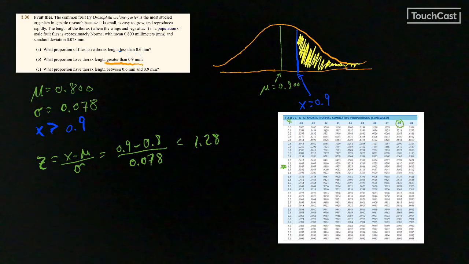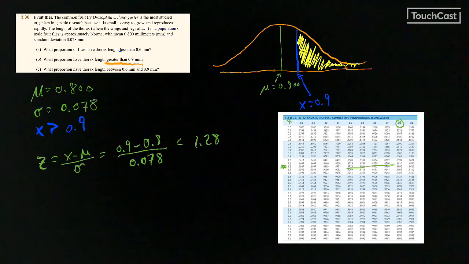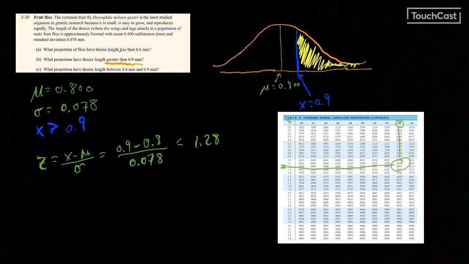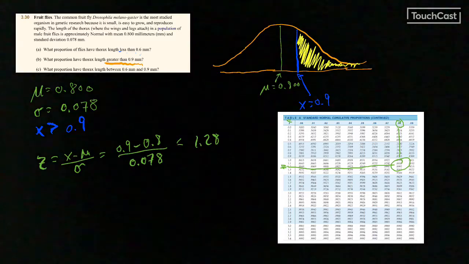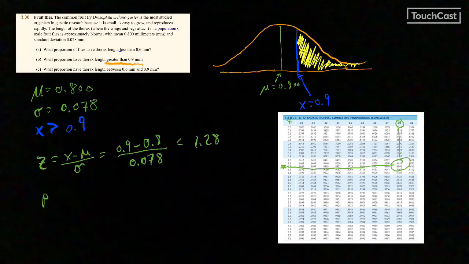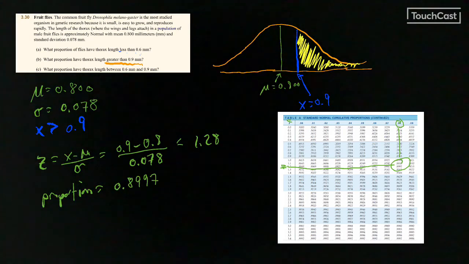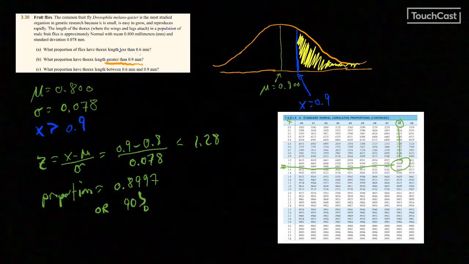And if we meet where these two intersect, I'm trying to line up my rows here. I believe it's the 0.8997. So the proportion is 0.8997 or 90%. And I'm rounding up.